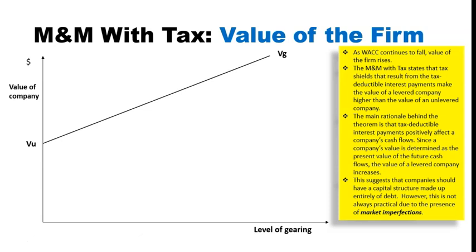Here we simply see that this theory is telling us that the more we are geared, the higher the market value of the firm. So the value of the firm geared is much higher than the value of the firm ungeared. So the theory actually advocates that we need to get as geared as we can.